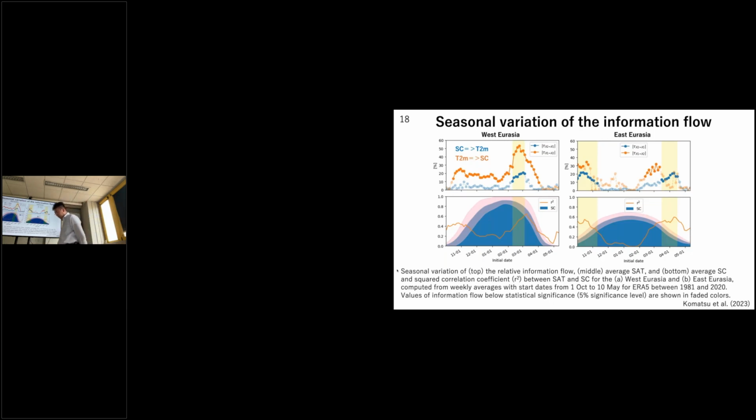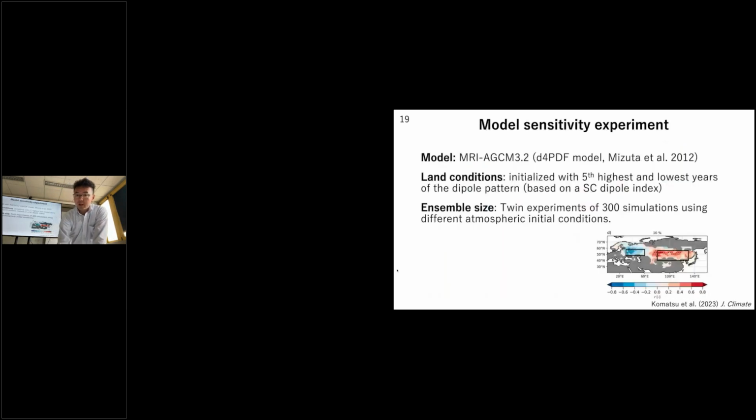We focus on November because we know that November is an in-between season where we have a strong snow cover impact on the 2-meter temperature. Then, of course, this is the result of a new technique.